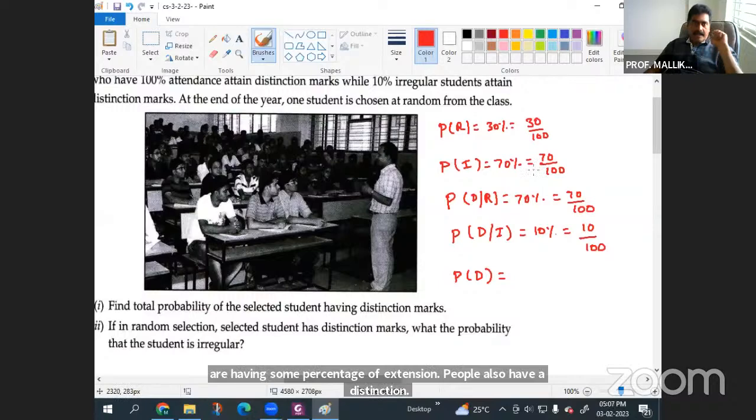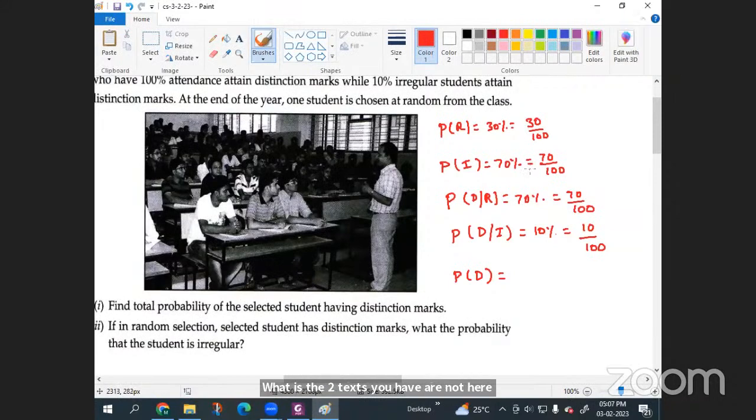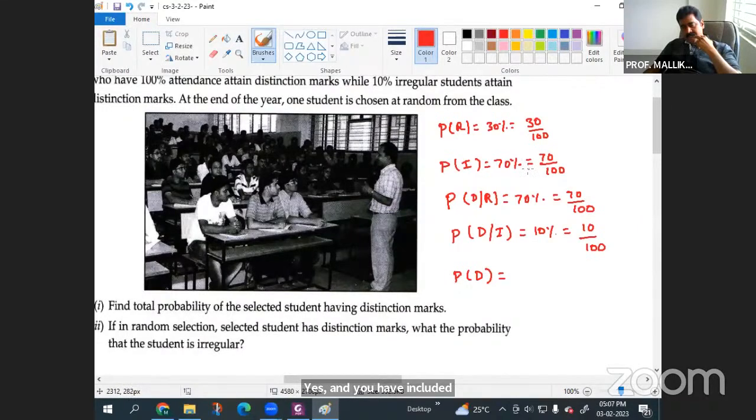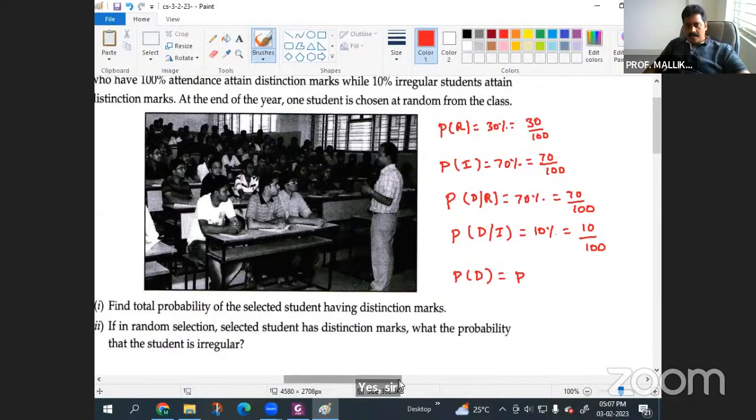We already discussed that the total probability means minimum two things. What are the two types? Regular and irregular people. So distinction is there. Tell me the formula now.